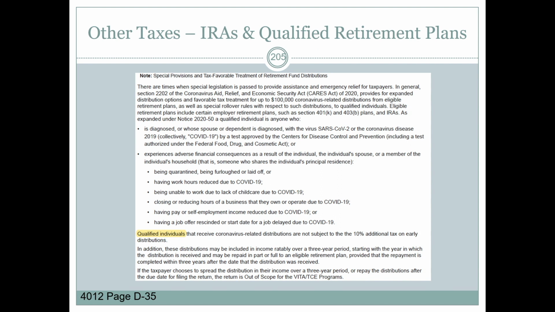In addition, these distributions may be included in income ratably over a 3-year period, starting with the year in which the distribution is received, and may be repaid in part or full to an eligible retirement plan, provided that the repayment is completed within 3 years after the date that the distribution was received. And again, all this information can be found on page D35, 4012.